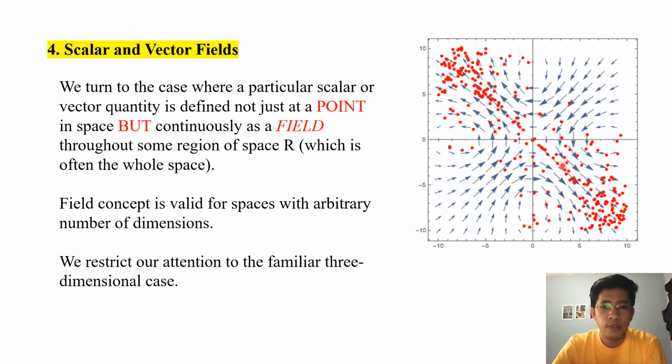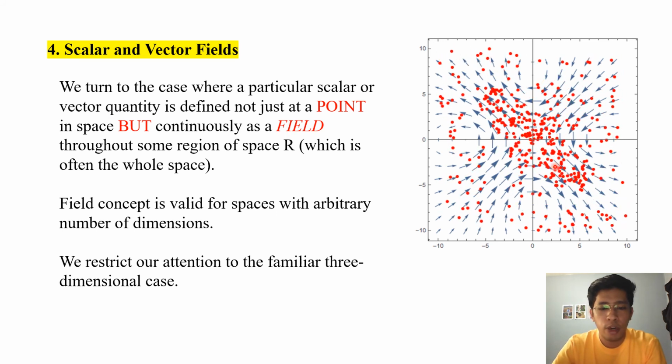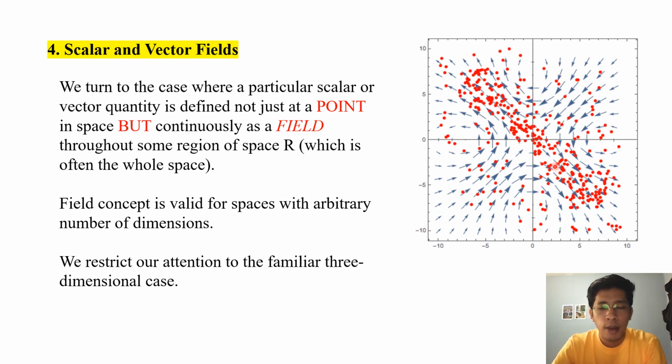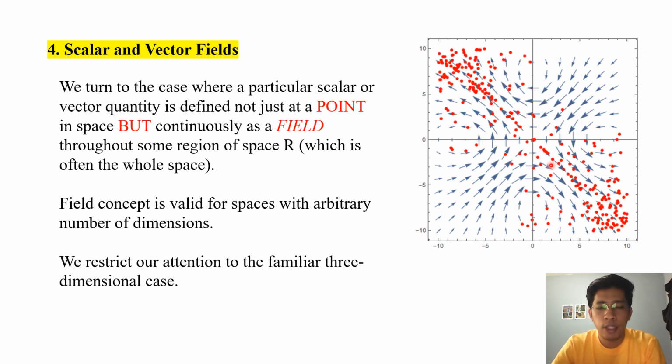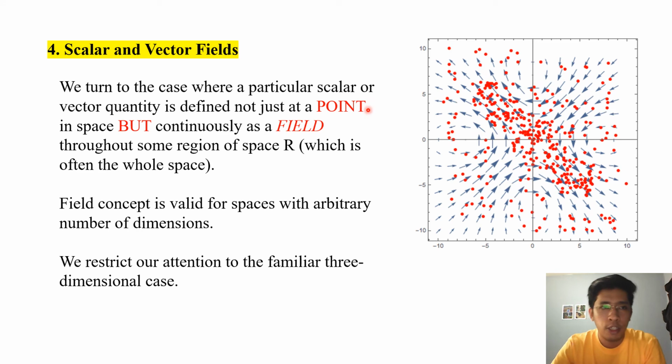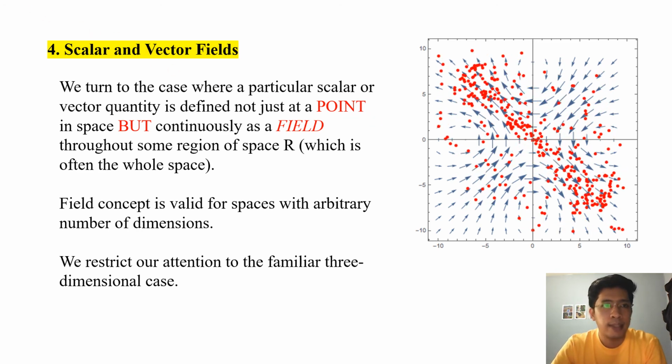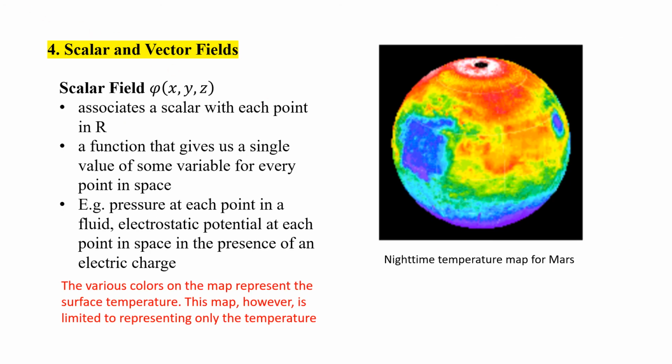The field concept is valid for spaces with an arbitrary number of dimensions, but in this lesson, we just restrict our attention to the familiar three-dimensional case. So you have your x, y, and z axis. So let's talk first about your scalar field.